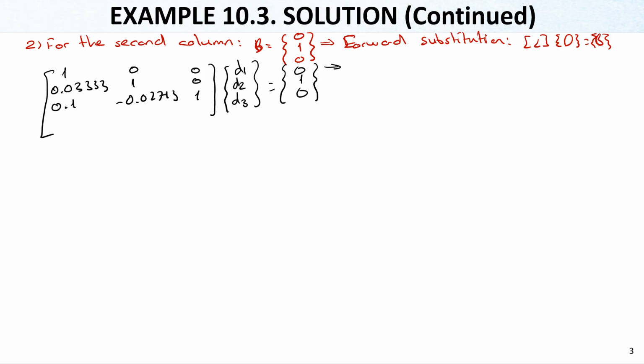Then from the first row, you can see there is only D1, which is 0. Then from the second row, D2 is equivalent to 0.03 times D1, which is 0. Then D2 is 1.